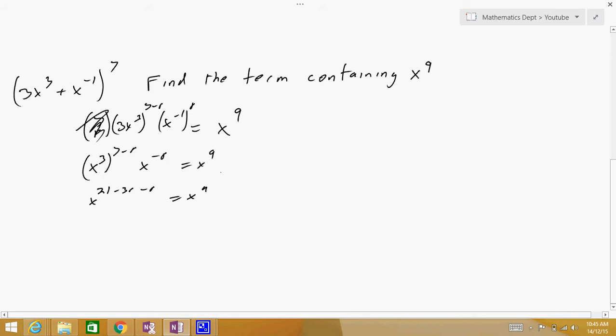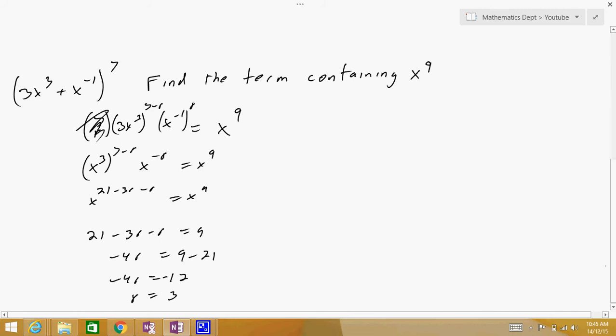So I've added my exponents together. Then because we've got the same base of x, we can say 21 minus 3r minus r is equal to 9. Negative 4r is equal to 9 minus 21. Negative 4r is equal to negative 12, and therefore r is equal to 3.